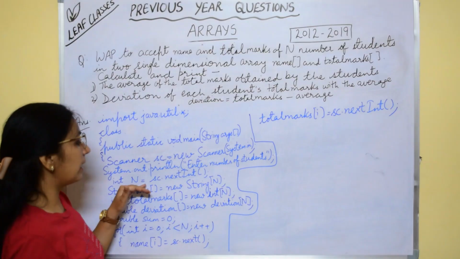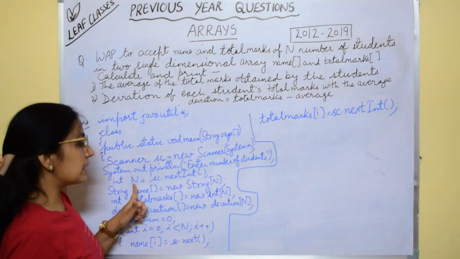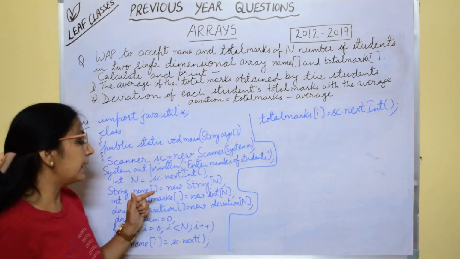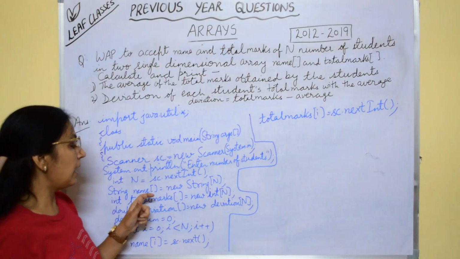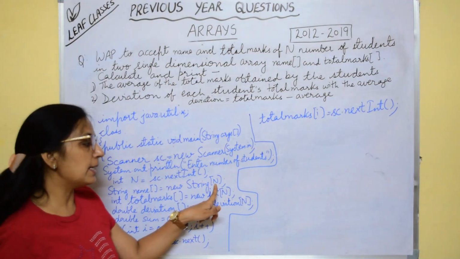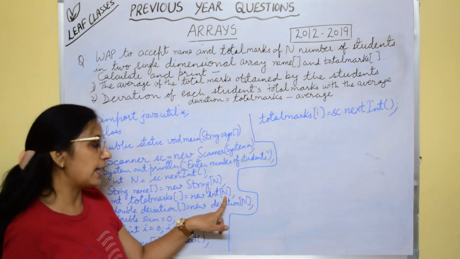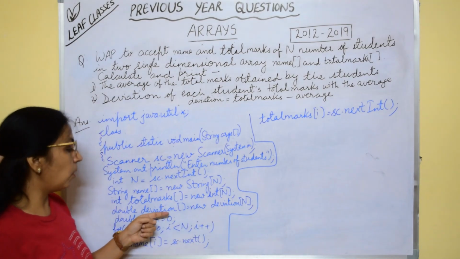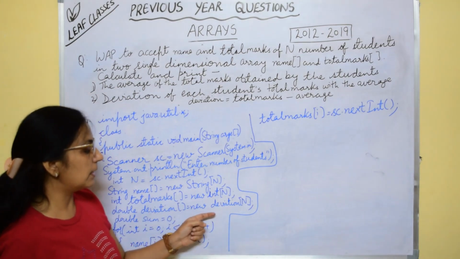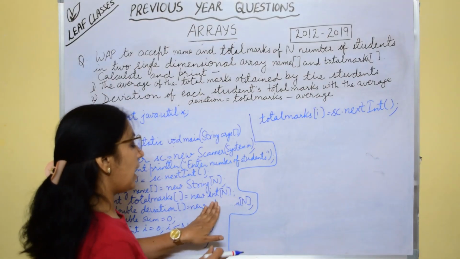Now once we have taken the size, that is n, then you will declare the String array for name of size n, integer array for total marks of size n, and one more deviation array of size n.